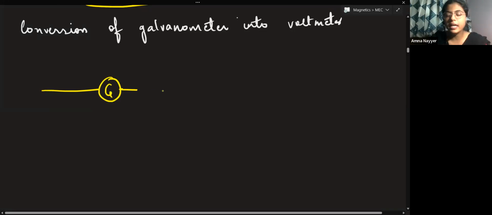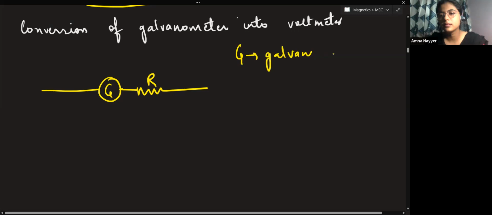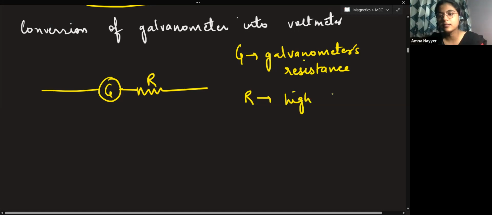So we connect a resistance in series with it. This is a high resistance. G will be the galvanometer's resistance. Capital R will be the high series resistance, connected in series.